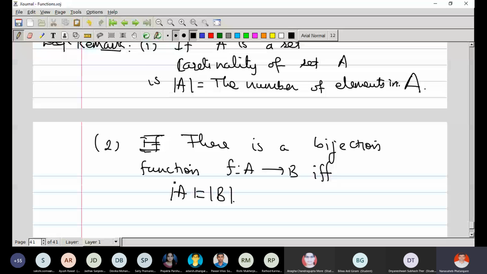Right. Do you understand what I have written? Is the statement clear?